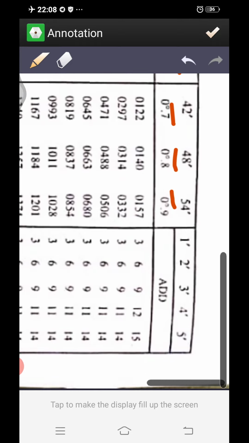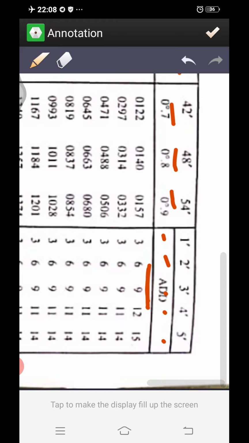Now you see, here are given differences for the minutes: 1 minute difference, 2 minute, 3 minute, 4 minute difference. When we are finding the value of sine, we add these differences. Now let us see the procedure.